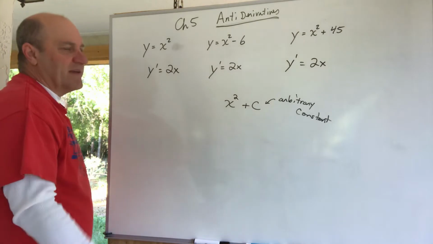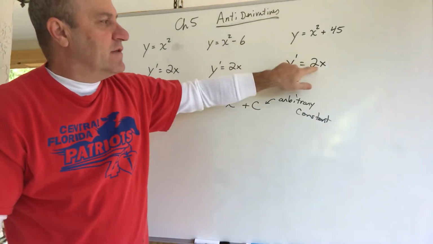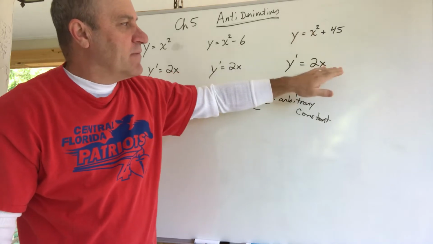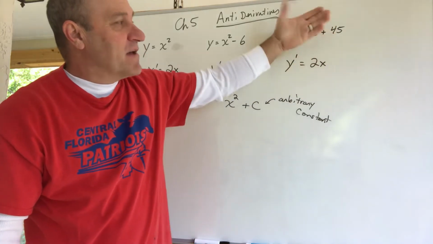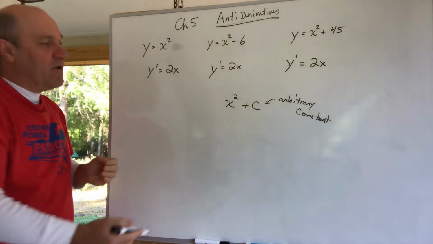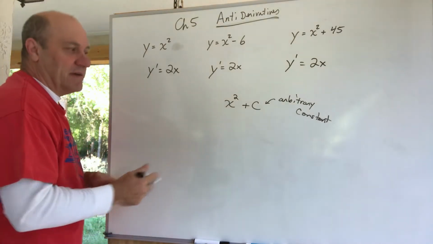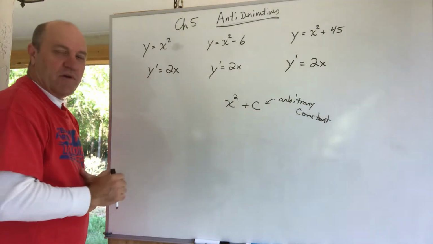So, makes sense, right? When you do an antiderivative, the 2x will get you the x squared, but there could be some unknown constant there. So we don't call it the antiderivative, we call it an antiderivative with this arbitrary constant.